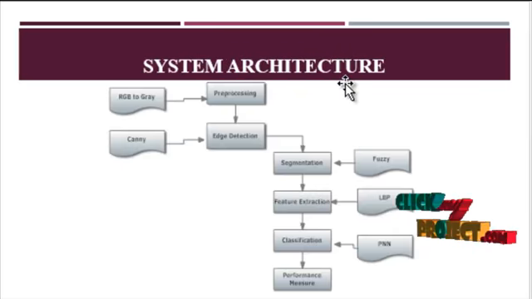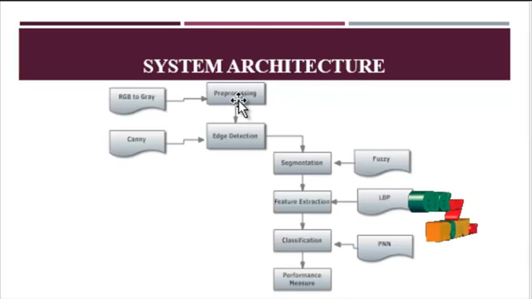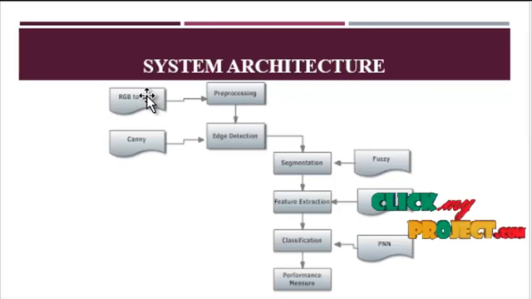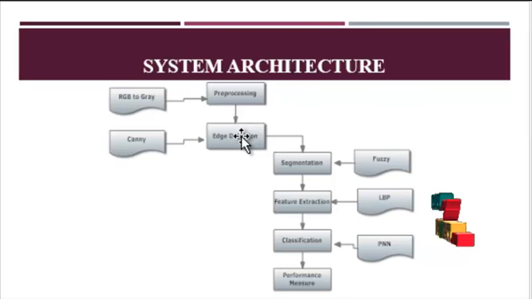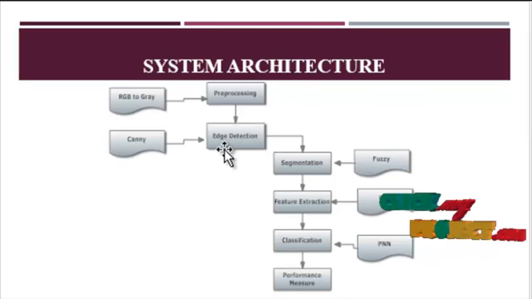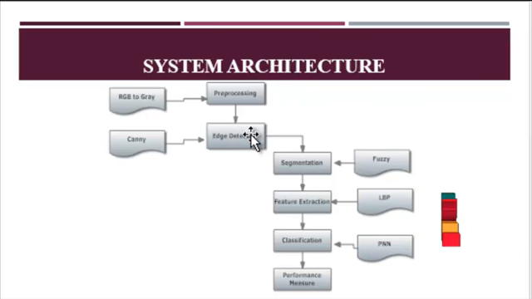Next is the system architecture. This is our system architecture. In the pre-processing stage, the imresize function is used for resizing the input image. Then RGB to gray conversion is done. If the input image is RGB, it is converted into gray, then it goes for edge detection. For edge detection, the Canny edge operator is used here.